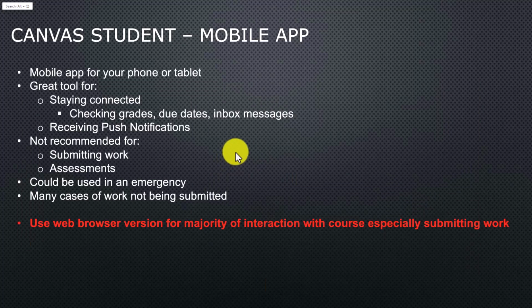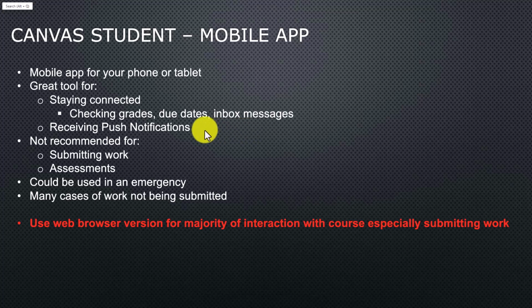The app works very well for certain applications and not so well for others. Reasons to use the app is to stay connected to your course while you're on the go. It can be great for things like checking grades, your due dates, to-do list items, messaging instructors or classmates.